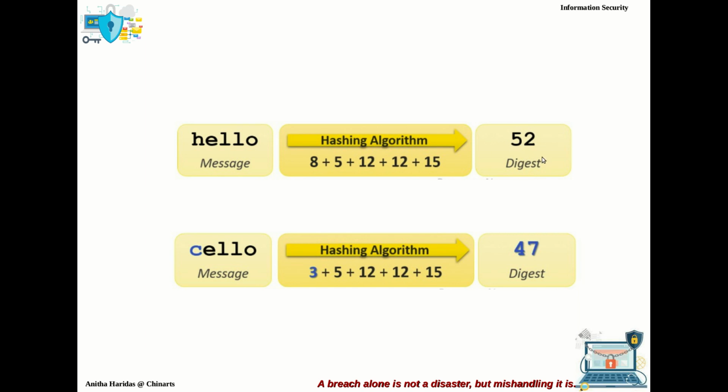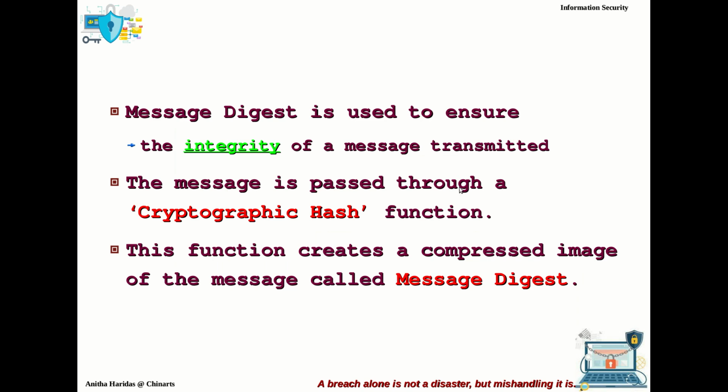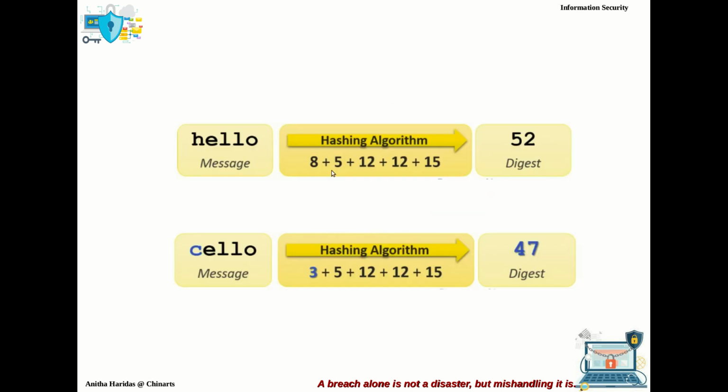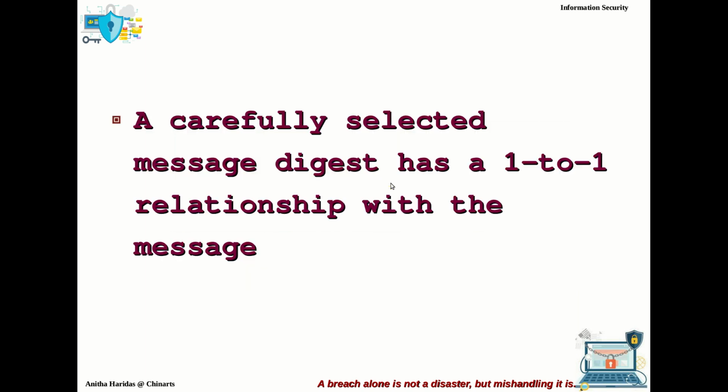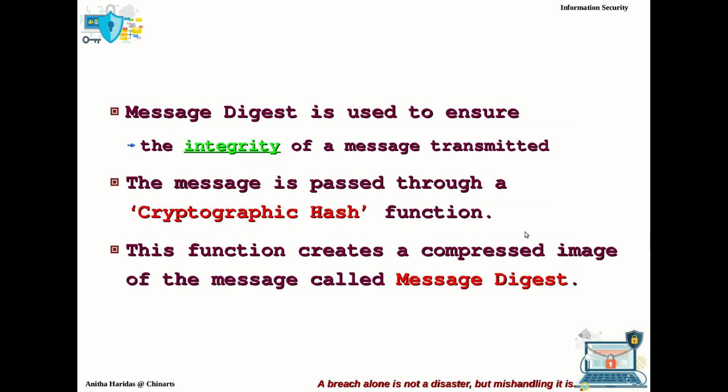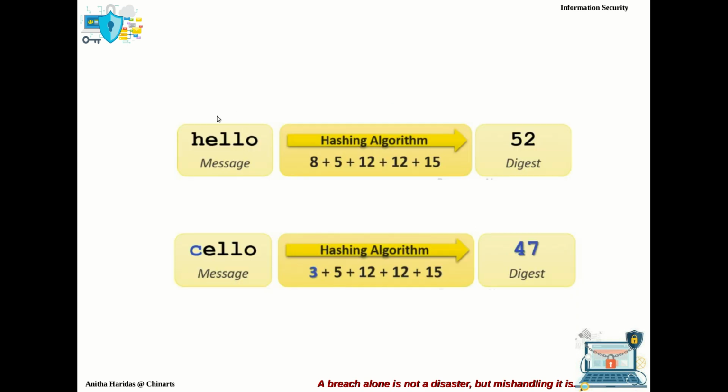How do you get this message digest? The message is passed through the cryptographic hash function. This is a simple hashing algorithm I have used; you can have different types of hashing algorithms. This hashing algorithm creates a compressed image of the message, so the original message is now compressed as an integer, which you call the digest.